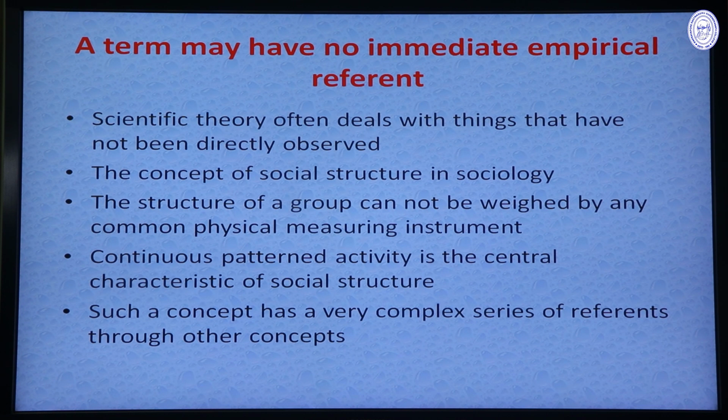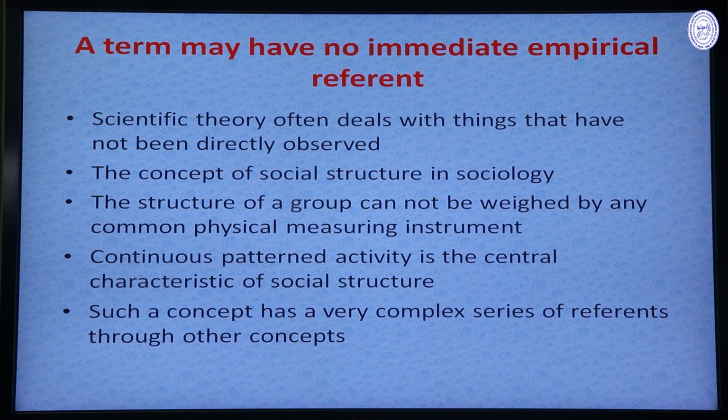So, whenever we are talking about social structure, we often refer to continuous patterned activity as the central characteristic of social structure. It is sheer, continuously patterned activity that constitutes social structure.